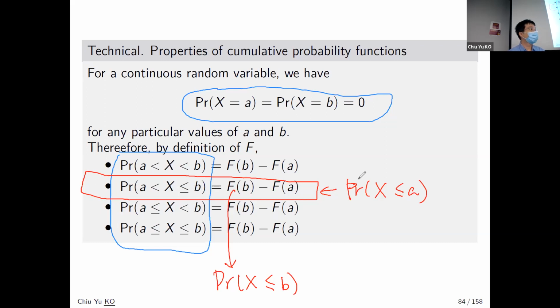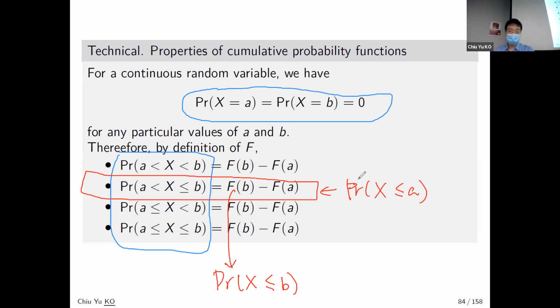Is that clear? Make sure that you understand. Otherwise, not very good, because when they ask you about less than or equal to, you will be confused.